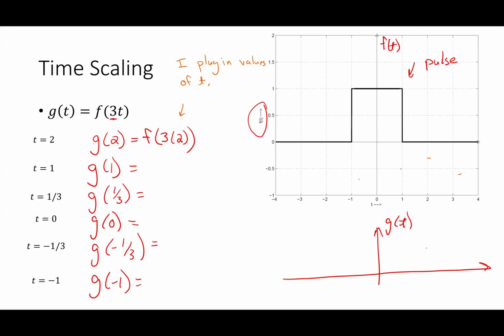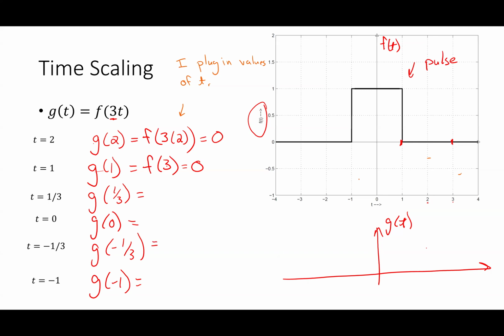This is 1 here. So f of 6 is off the screen. It's equal to 0. So t equal to 1. g of 1 is f of 3, because it's 3 times 1. What's f of 3? Here's 2, 3. f of 3 is equal to 0.